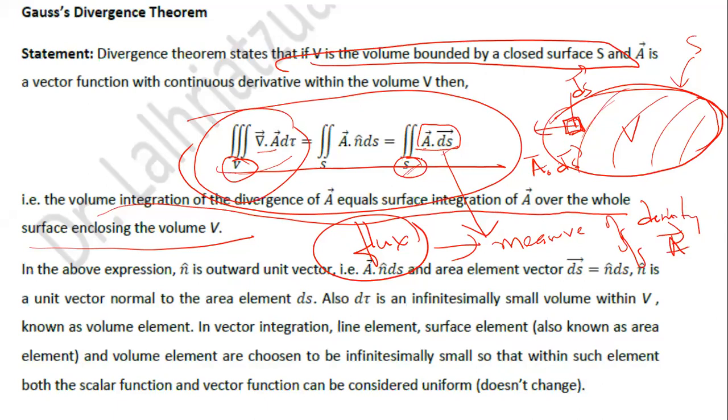But when you perform the surface integration over the whole surface, then you are summing the flux over all the surface S. So here on the right hand side, what it gives is the total flux. You're summing the flux over the whole surface, right?